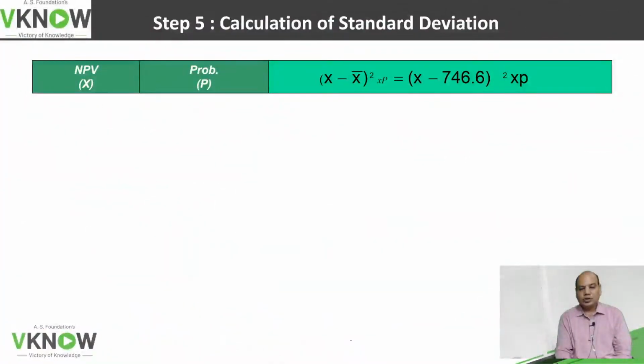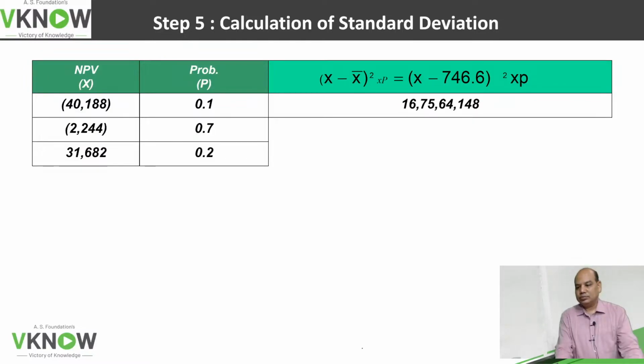And now the next question is calculation of standard deviation and coefficient of variation. Please write down 16 crore 75 lakh 64,148.